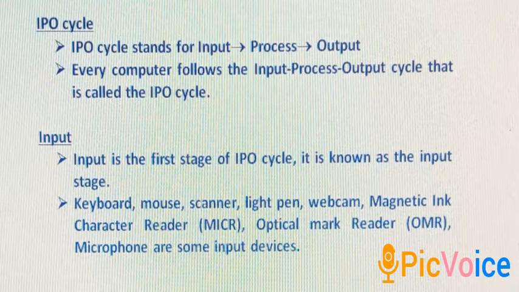Input. Input is the first stage of IPO cycle. It is known as the input stage. Keyboard, mouse, scanner, light pen, webcam, magnetic ink character reader or MICR, optical mark reader or OMR, microphone are some input devices.